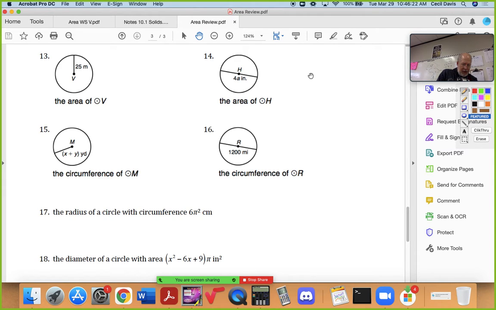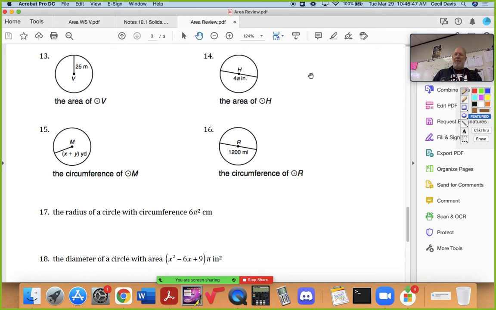Number 21, the area is 324 square roots of 3 minus 36 pi, all that should be in parentheses, square centimeters. Number 22 is 108 pi plus 72, all that's in parentheses, square miles.